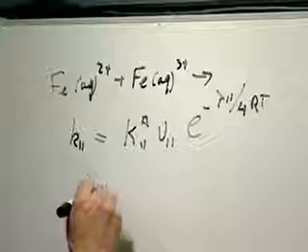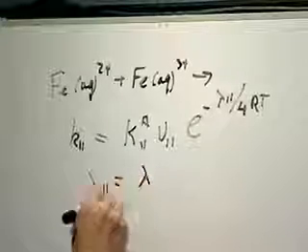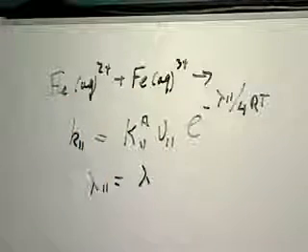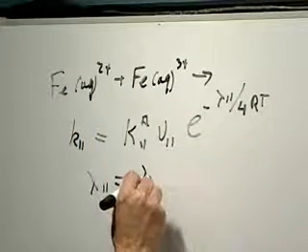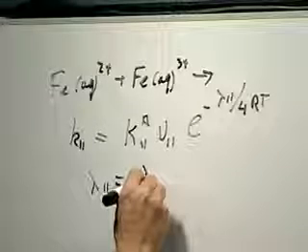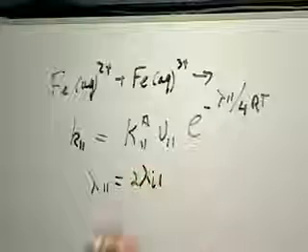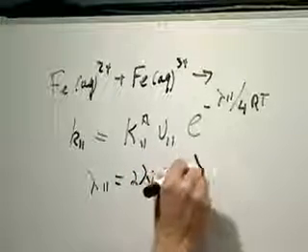And lambda 1,1 is going to be equal to a reorganization term for each of those in the inner sphere, so it's going to be 2 lambda I1, plus an outer sphere term.